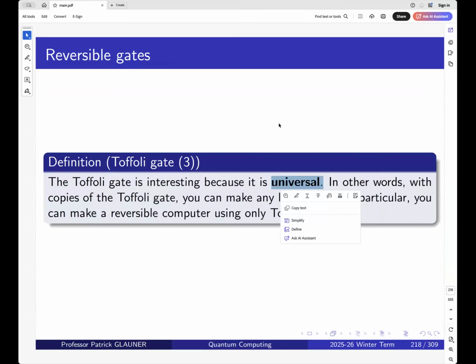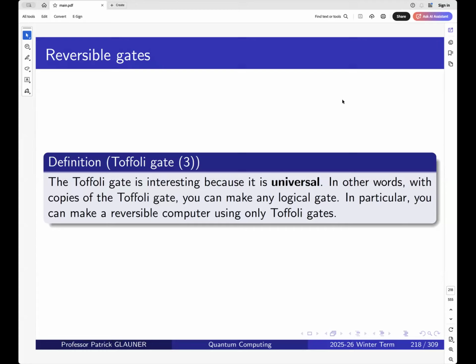And it's universal, very importantly, universal from a logic perspective, but not sufficient as the only gate possible in a quantum computer, because it, for example, cannot create a superposition. So we need something else in a quantum computer plus other gates.